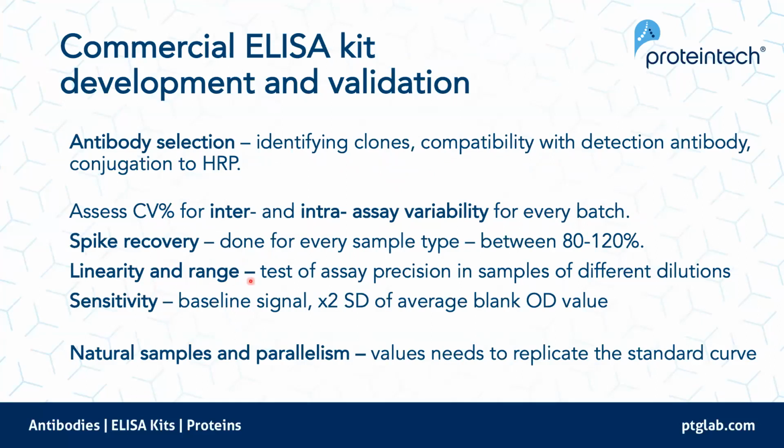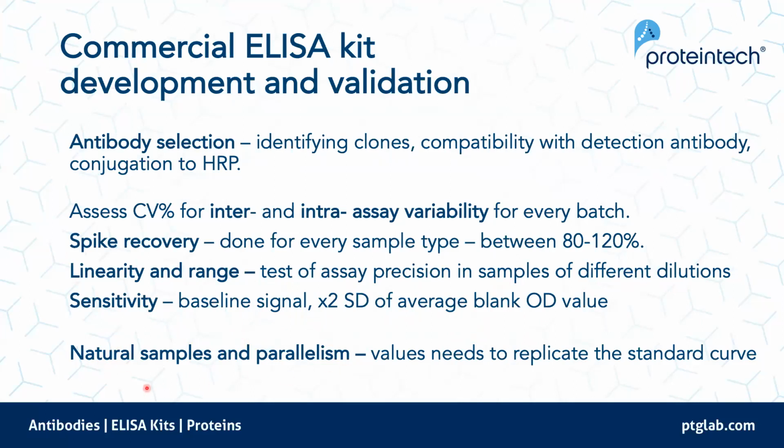This allows us to test our assay in various different sample dilutions and also test assay precision, but I'll talk about that in a minute too. And then sensitivity. Sensitivity is the theoretical lowest amount of analyte that you can test using that kit. The way that you do that is you look at your average blank value and you add 2 times the standard deviation of that blank value to reach the theoretical sensitivity of that kit.